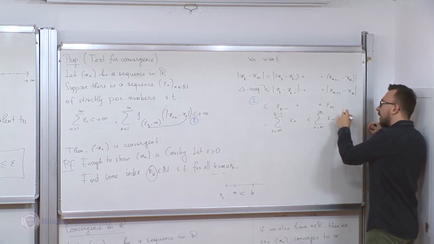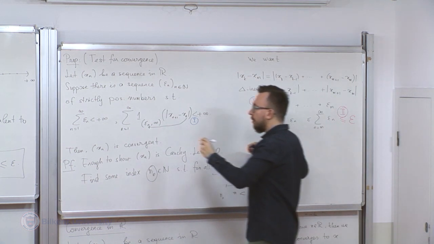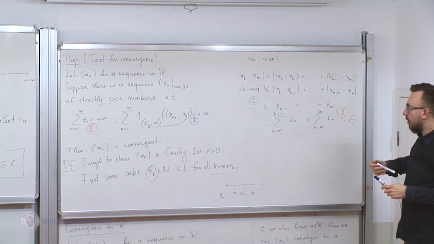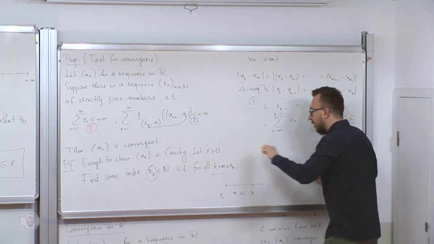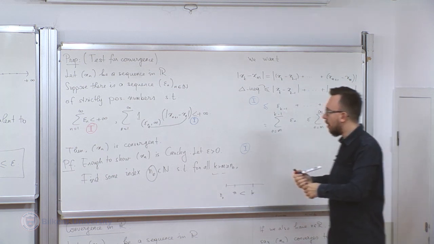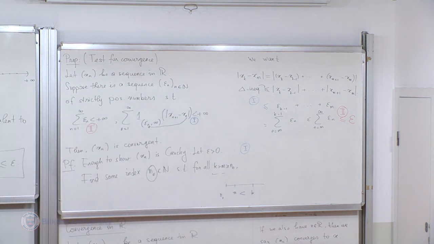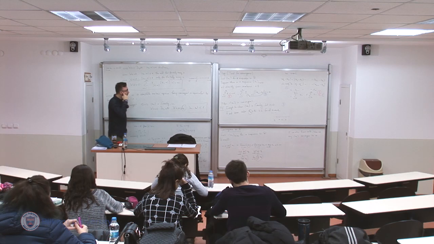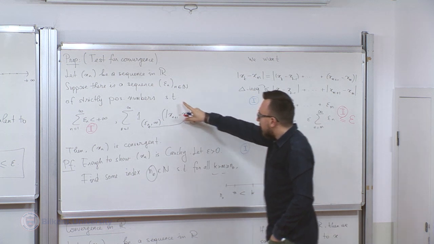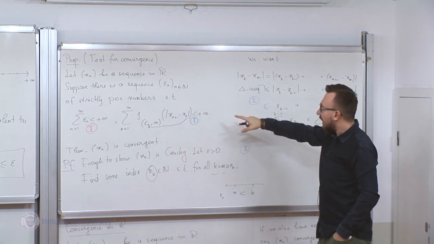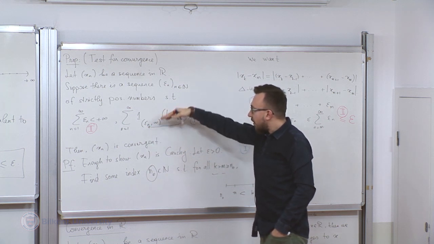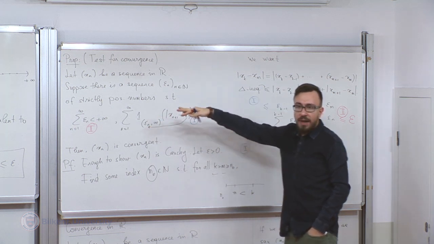Okay? And for this, we're going to use number 2. Number 2, where is number 2? It's here. So let's use number 1 and 2, okay? So what does number 1 say? So this infinite sum is finite, meaning that this distance is less than epsilon for infinitely many n and greater than epsilon for only finitely many n.